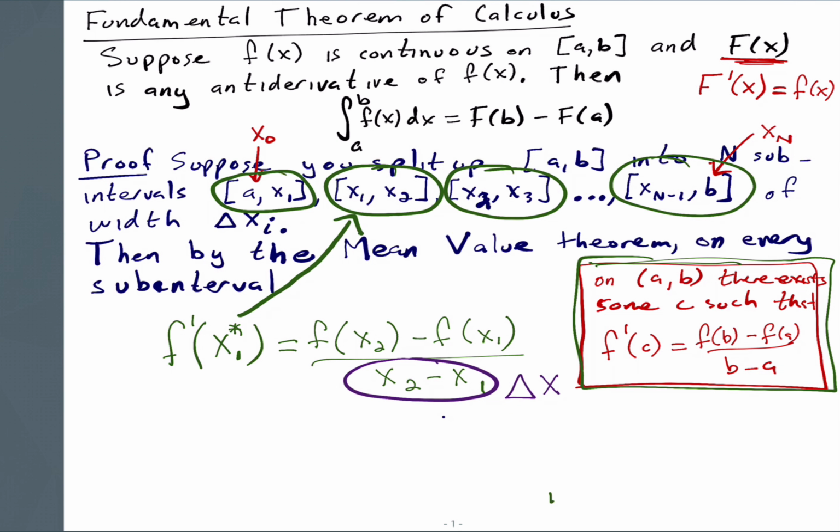I'm looking at this and I don't know if I'm going to have enough space. But okay, how about if we rewrite delta x over on this side? Is that okay?